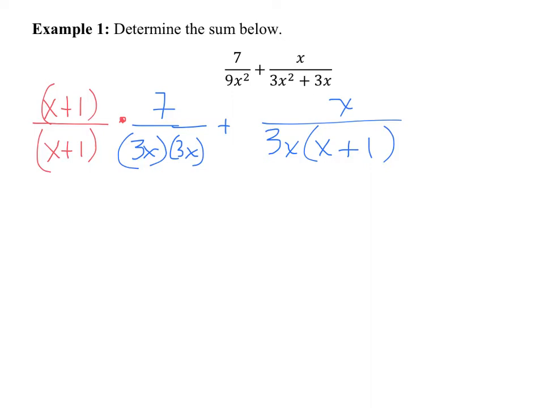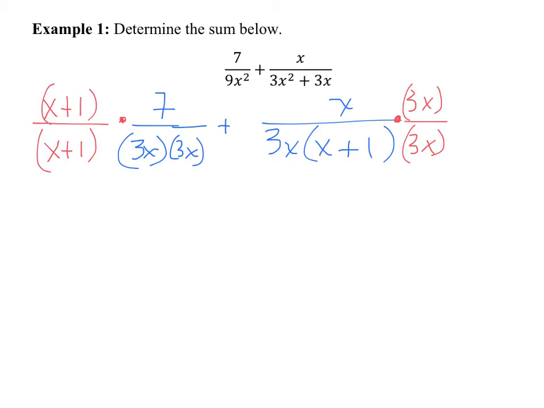Now the left fraction has everything the right fraction has, but the right fraction is missing something. What's the right fraction missing in its denominator? Another 3x. I don't have to put the times symbol, you should know by now that it's there, but I'll put it so it is. Now the denominators are the same, so we can easily sum them together.